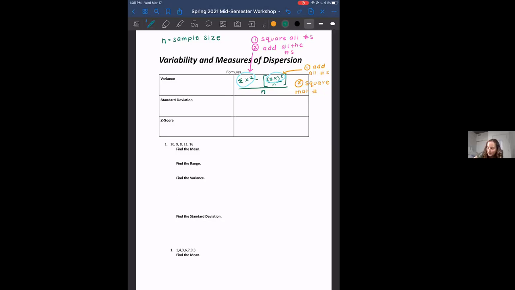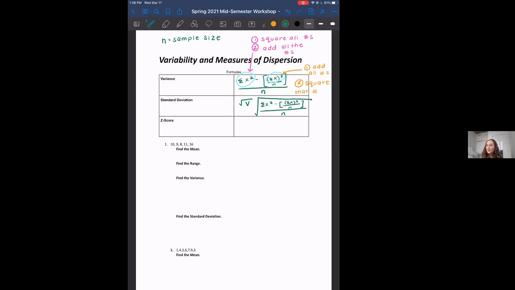Good, thank you for answering. That's perfect. So if you want to write the whole thing out again, it's the square root of the sum of x squared minus, in brackets, the sum of x squared divided by n, and the whole thing divided by n.